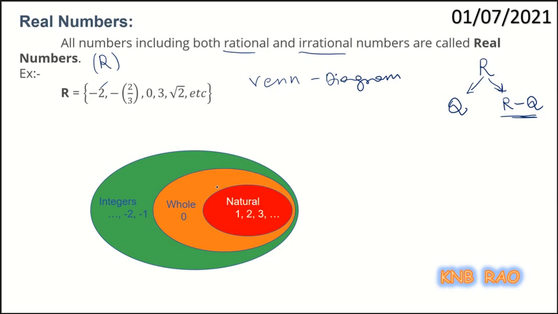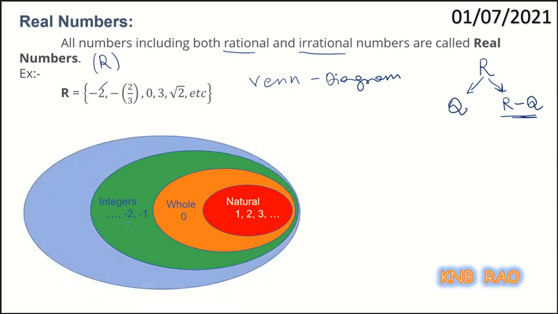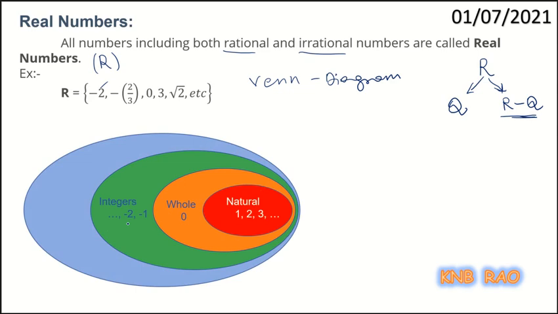So, I say all whole numbers are integers. Apart from whole numbers, we have got negative form of these numbers 1, 2, 3, which are outside of this whole number set. Now, all integers are included inside of another set of numbers called rational numbers. All integers are part of rational numbers. Now, this is what we have seen for rational numbers, the Venn diagram.